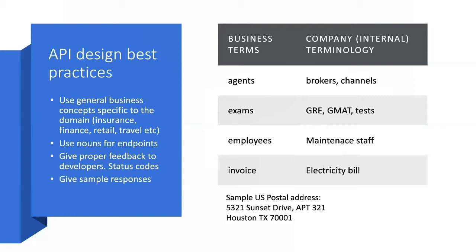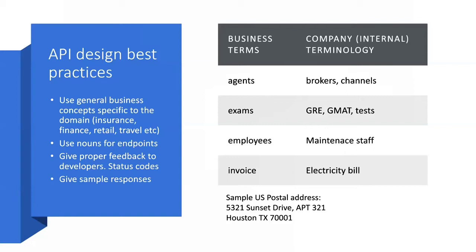Exams is a very general business term in the education domain, but then you can have Pearson or some other company which may be using specific terms like GRE and GMAT, because that's how they know about these tests, and that's their common language. So the bottom line is avoid using the common language which is used in your company, and try to use the business terms which are domain specific.